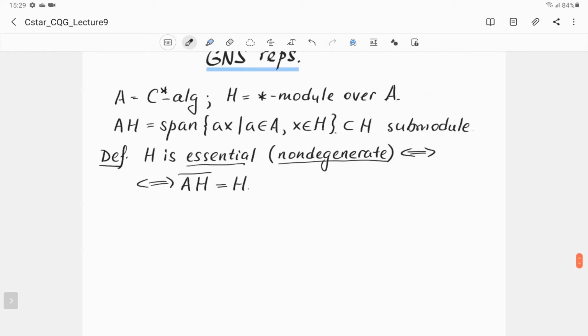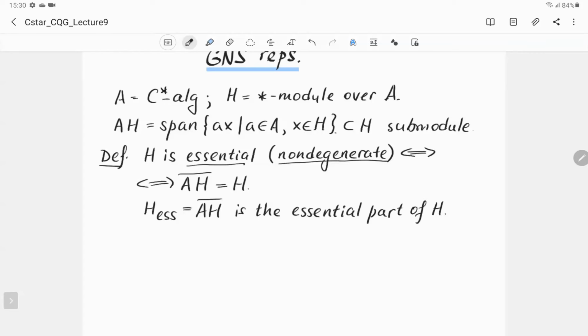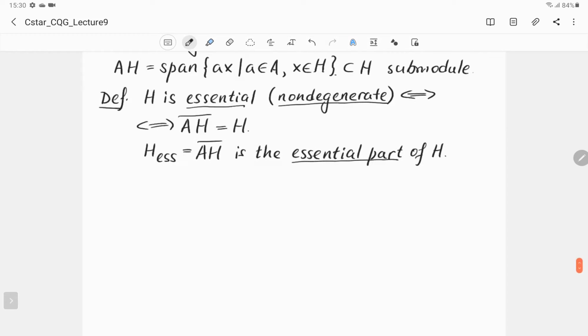In the general case, the closure of this submodule is called the essential part of H, and it will be denoted by H essential. Okay, we have the following simple result, proposition.